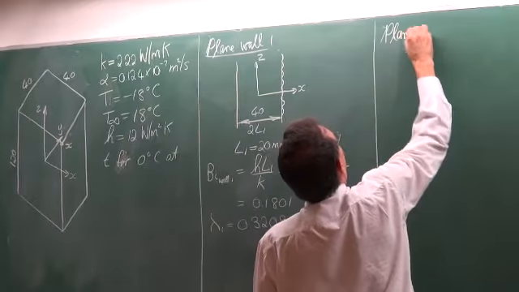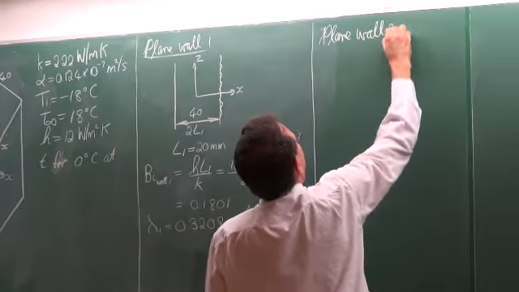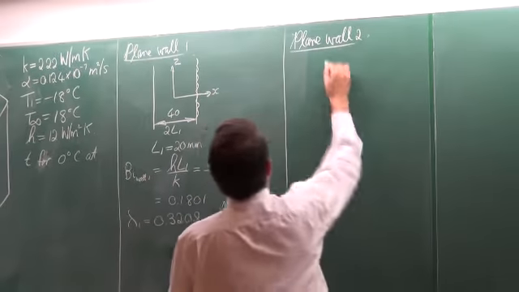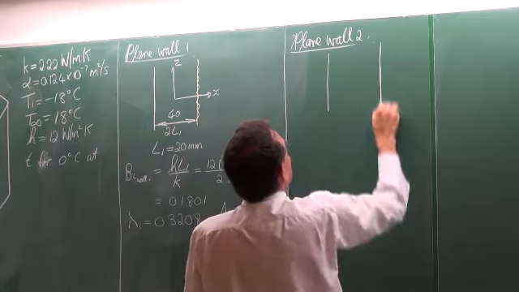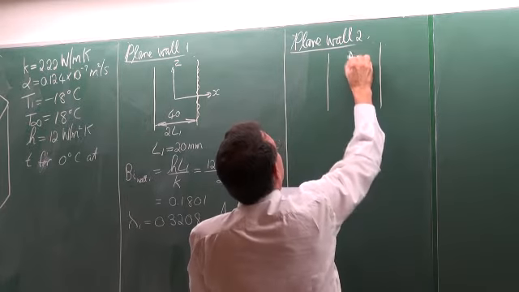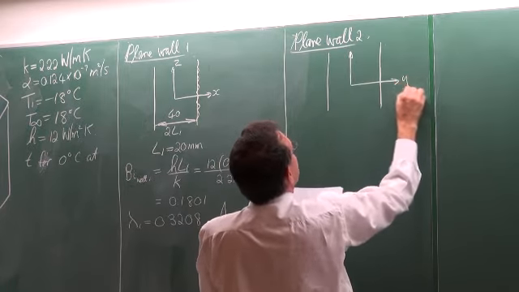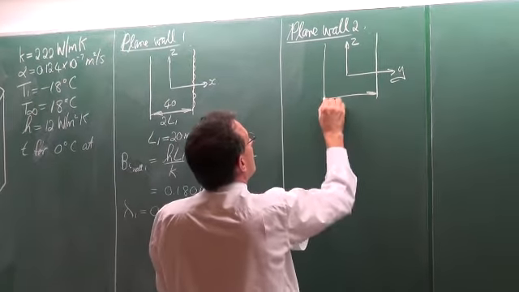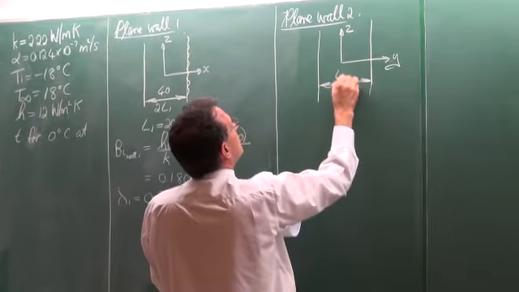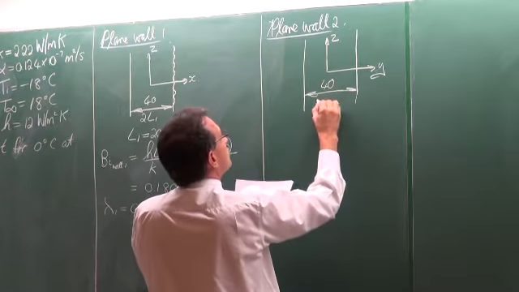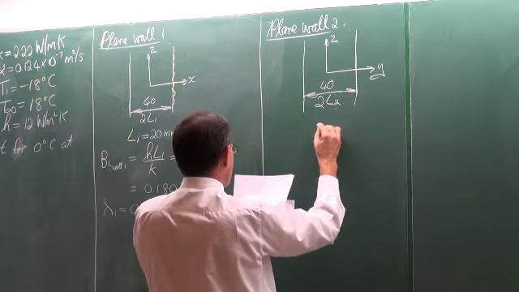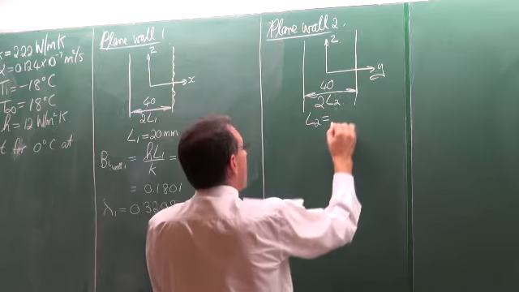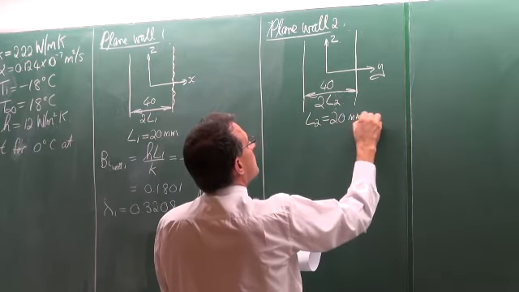Let's now look at plane wall 2. Plane wall 2 would be, again, our coordinate system, ZY. Again, this distance is equal to 40 millimeters, which is equal to 2L2, from which we can determine that L2 again is equal to 20 millimeters.